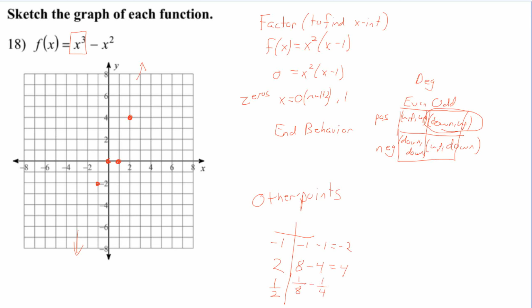And if we get a common denominator of 8, we can multiply this one by 2 over 2. So we have 1/8 minus 2/8 is -1/8. So that's right here.